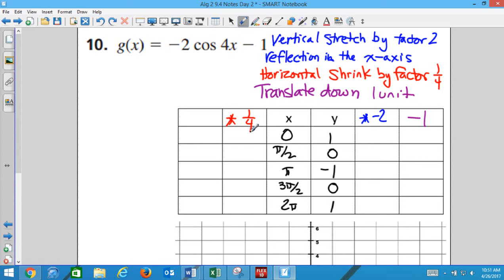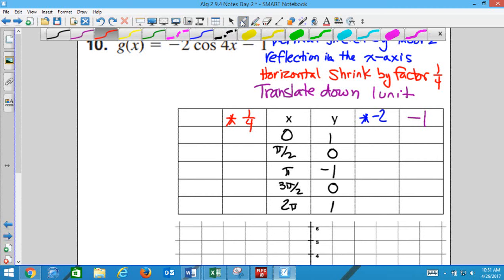So I'm going to start filling out my table. I've already put down the transformations. If you have your table, then you can start looking. Please don't just look and copy it. I want to see if you can come up with these values and then check your answers instead. This is just practice right now. So try to come up with the values on your own and then check the answers off of mine.